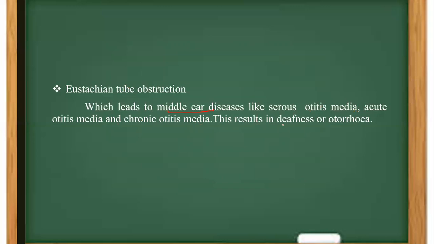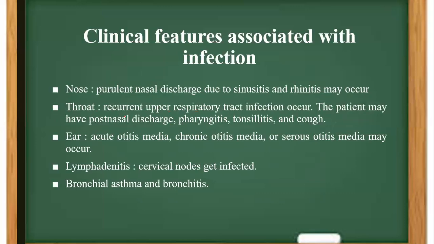This results in deafness or otorrhea. When we discussed otitis media, you saw that the eustachian tube is a connection between the middle ear and the nasopharynx. When the eustachian tube is obstructed, the middle ear connection is blocked, causing pressure variations, so the patient will get infections like acute otitis media and chronic otitis media.